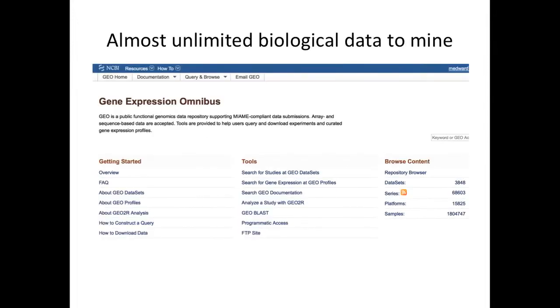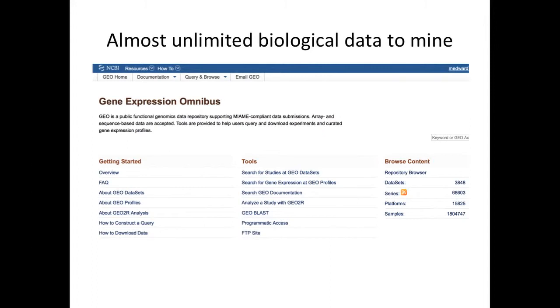So why is this important? I'm going to tell you right now that we could all stop killing mice and growing cells, and all scientific experiments could stop today, and I'd have enough data for several careers. There is so much data out there, and one of the more popular repositories is Gene Expression Omnibus. Has anybody heard of GEO?